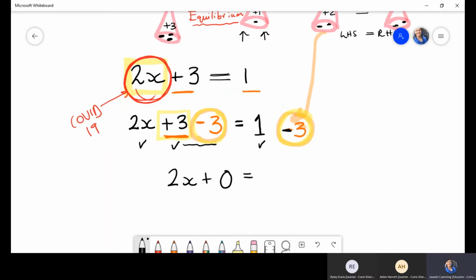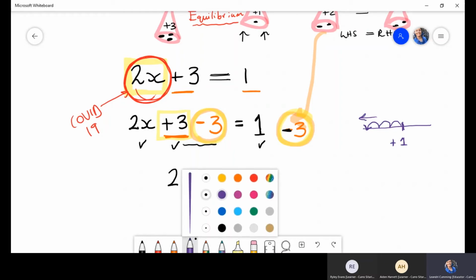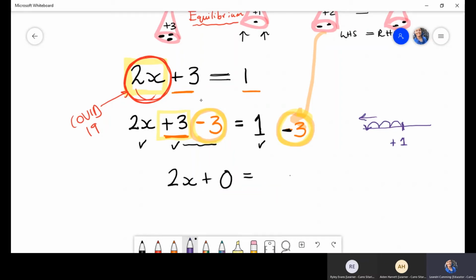And what do I have on my right-hand side? 1 minus 3. And this is why we need to be so careful for what we learned in the first half of our year. We are on a positive 1, but we subtract 3, which means I'm going to the left-hand side of my number line, and I end up with a negative 2.